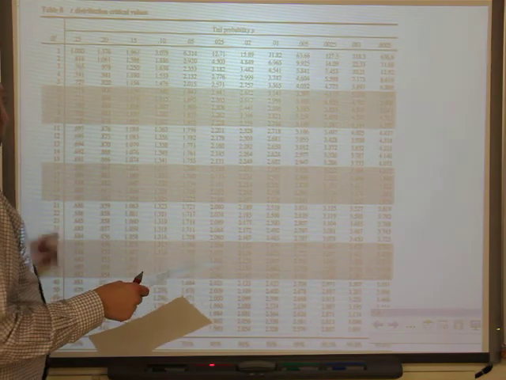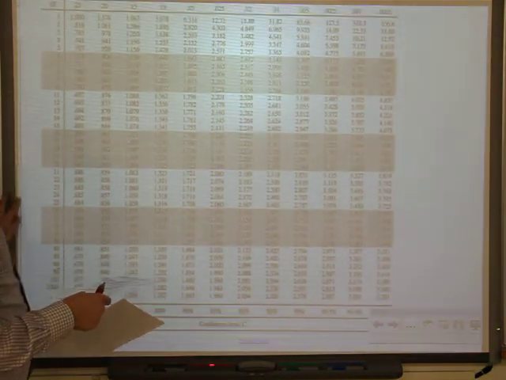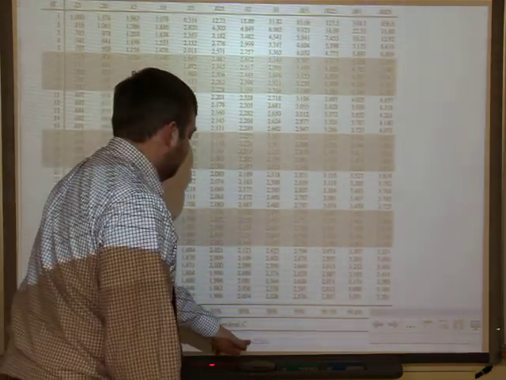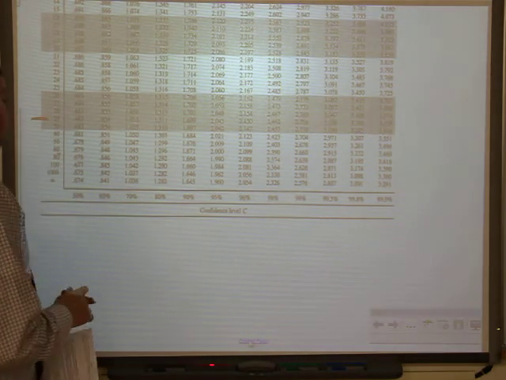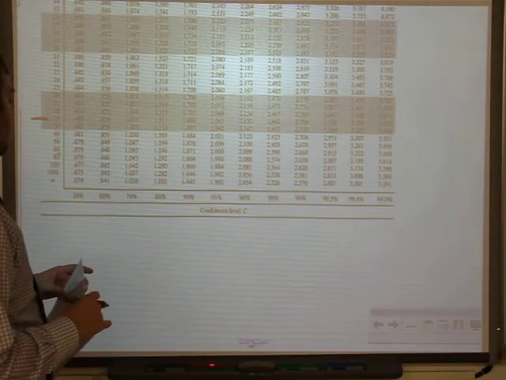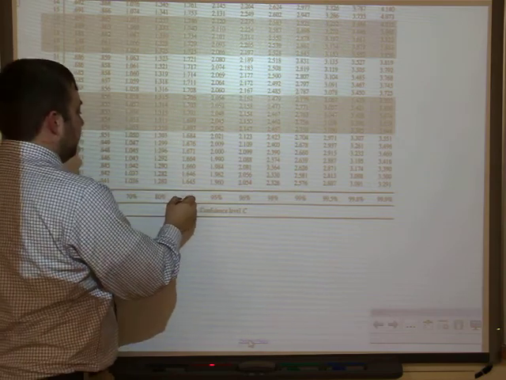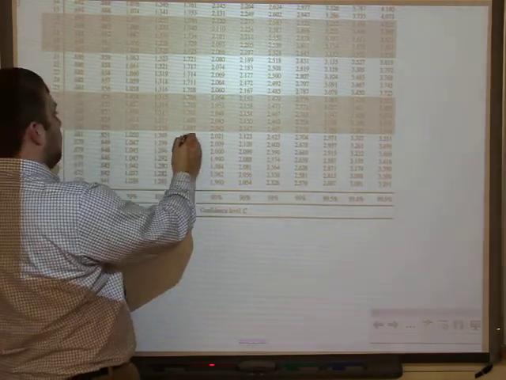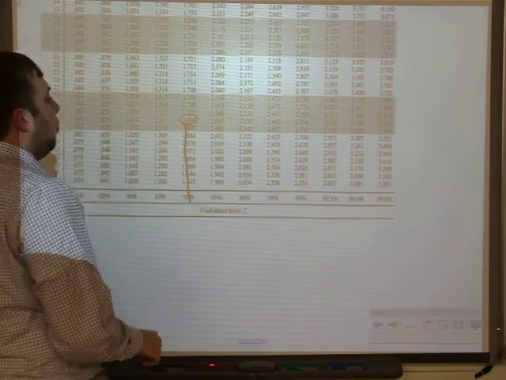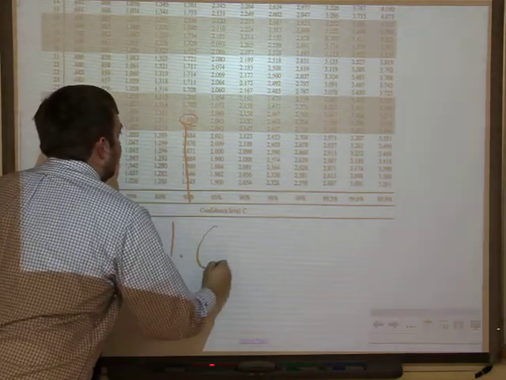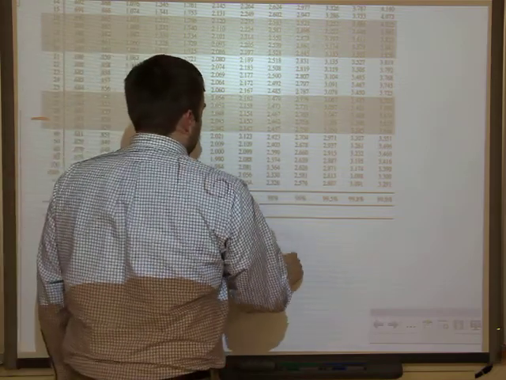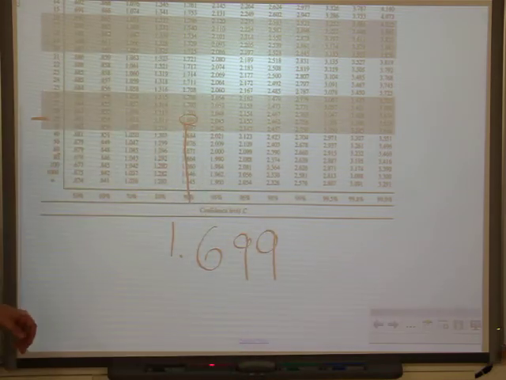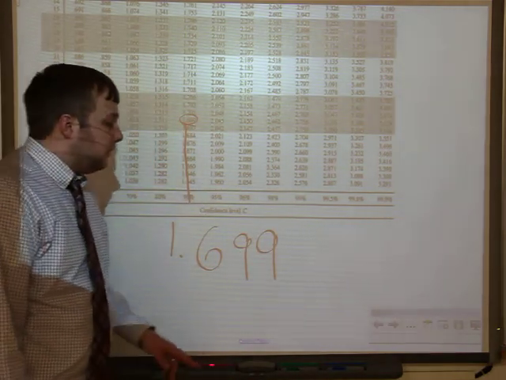Degrees of freedom of 29, with a 90% confidence interval. Boom. 1.699. Looks like it's going to be my critical value.